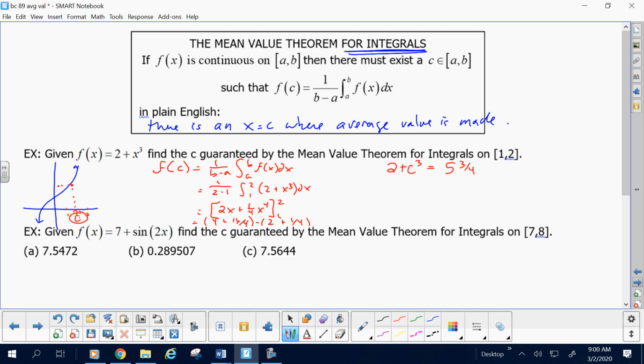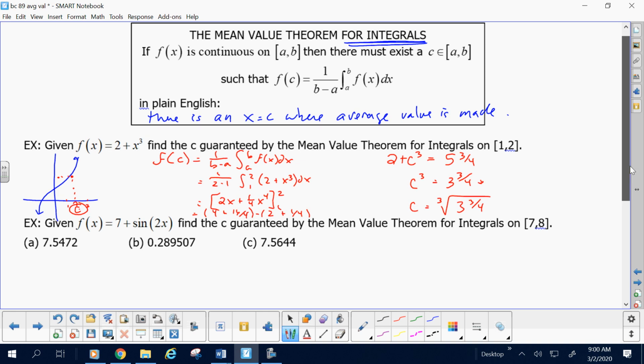How would you do it? c cubed equals 3 3/4, which is, at this point, let's just go with it. So c is the cube root of 3 3/4, which is probably between 1 and 2, I would imagine. No, of course, never mind. I can see it is, obviously. Are you following me, people?